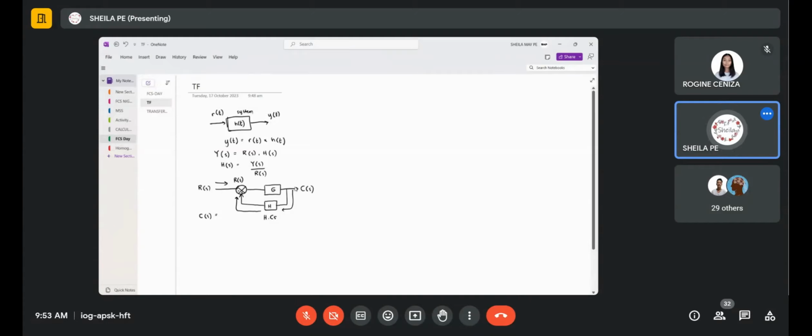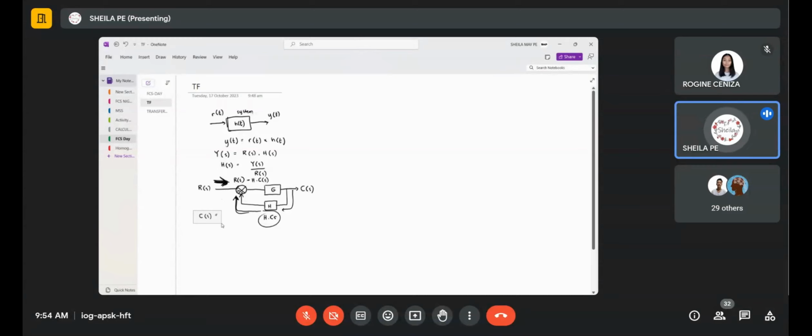Now, additional to our output, okay, that's minus, because it's on negative feedback, okay, R(s) minus H C(s), because H C(s) goes back here. It is not plus, it's minus because it's on negative feedback. If you're using positive feedback, okay, that's plus, okay, that's R(s) plus H C(s).